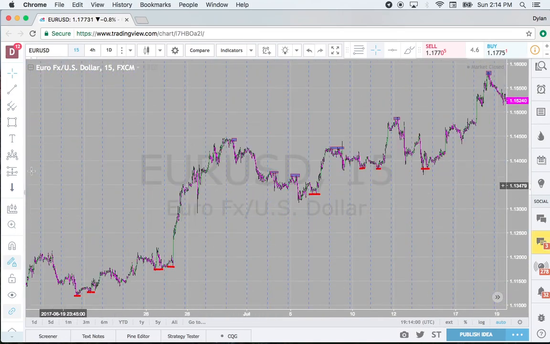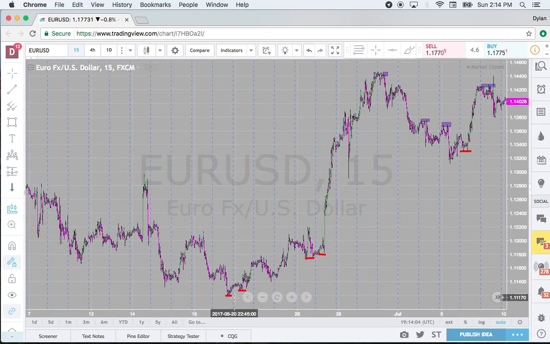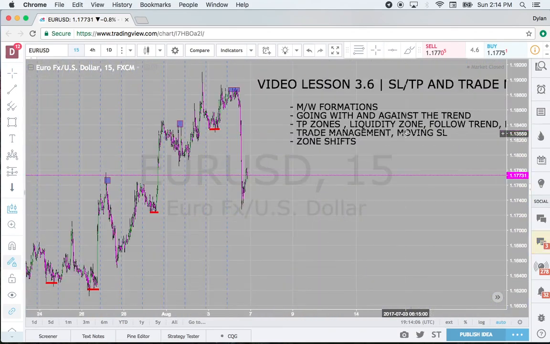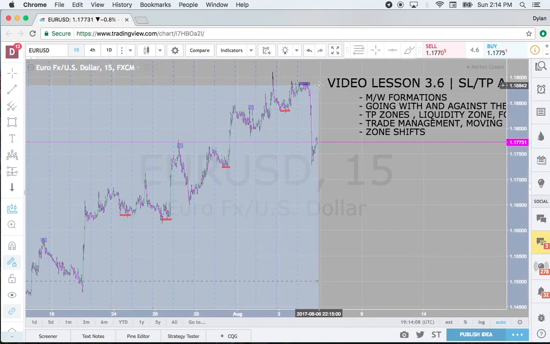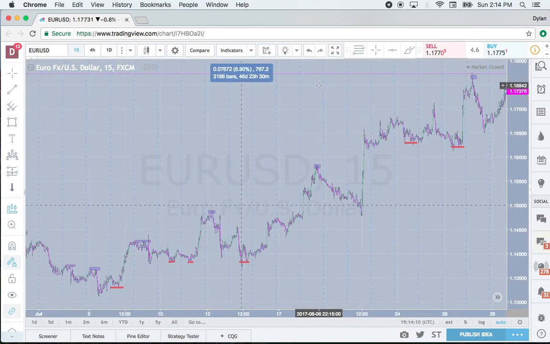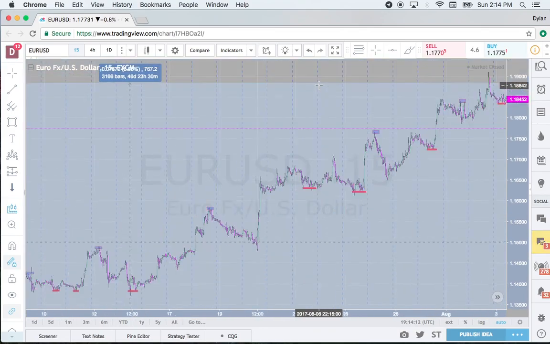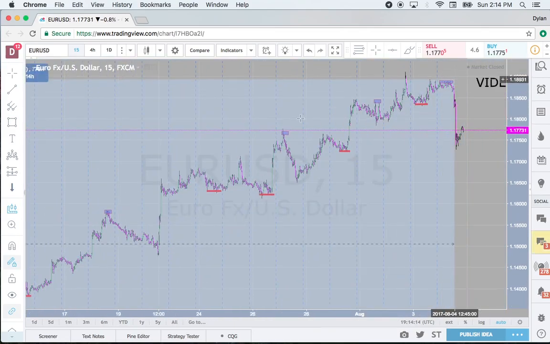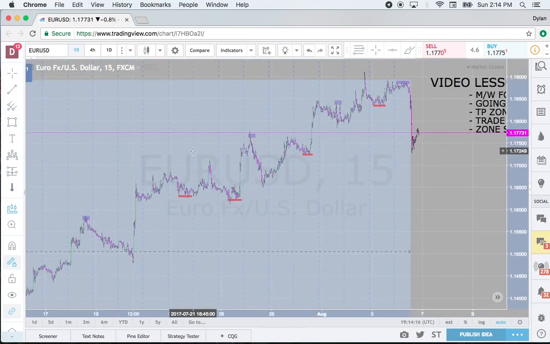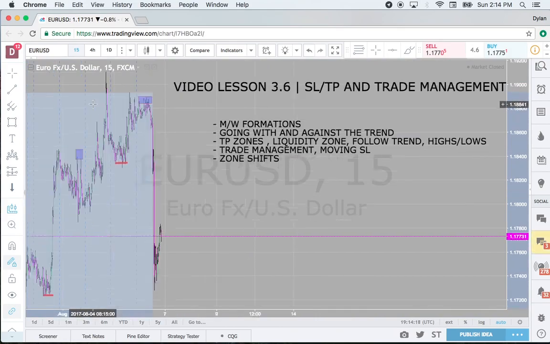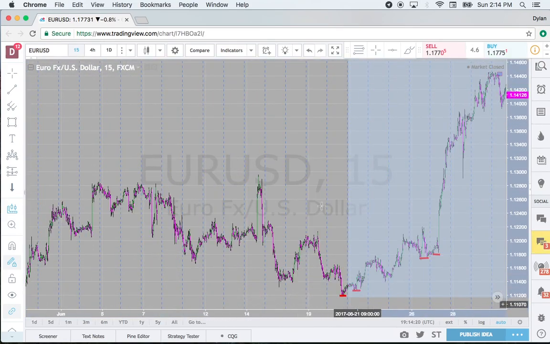This was a 767 pip move upward from this top to the bottom here.